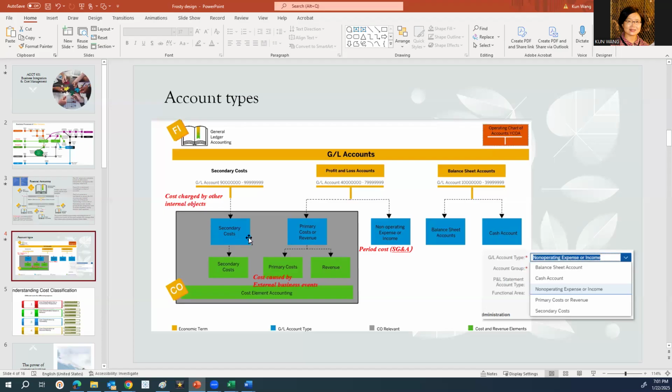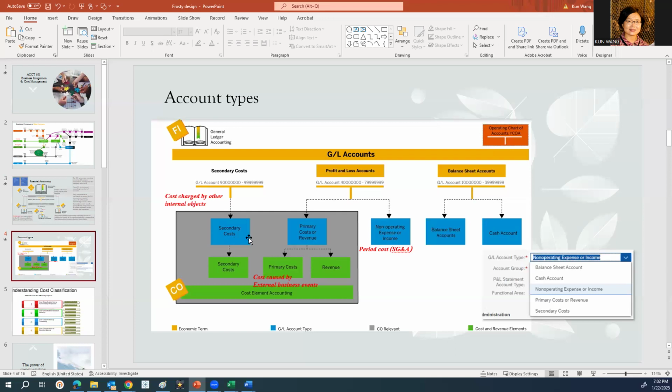So I'm not really going further on this, but you can see the application of cost management is really case by case, depending on your industry, the size of the company, and also these days, the technology system.